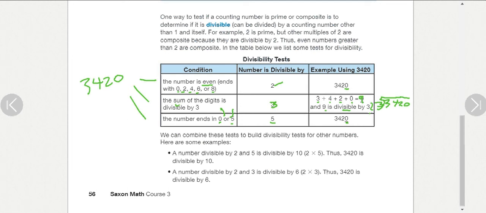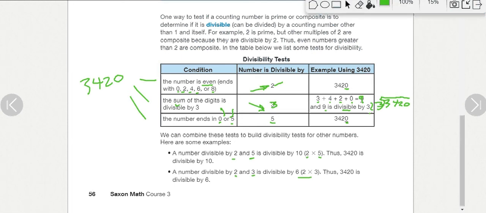Because we don't even need a calculator to know it's divisible. You can combine these to use tests for other numbers, like if it's divisible by 2 and 5, then it must be divisible by 10 because 2 times 5 is 10. If it's divisible by 2 and 3, then we know it's also divisible by 6 because that's 2 times 3.